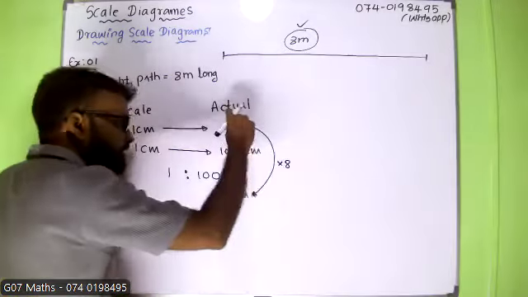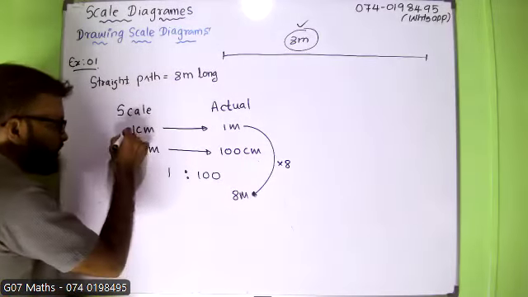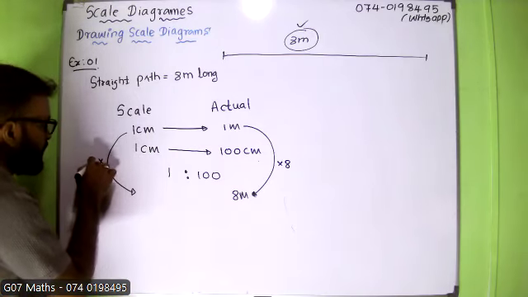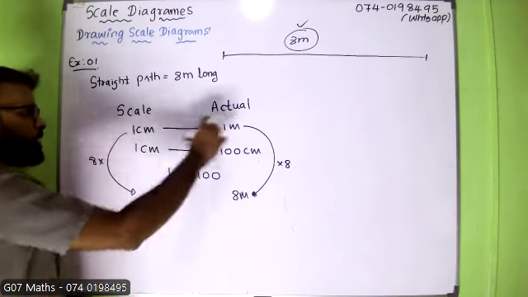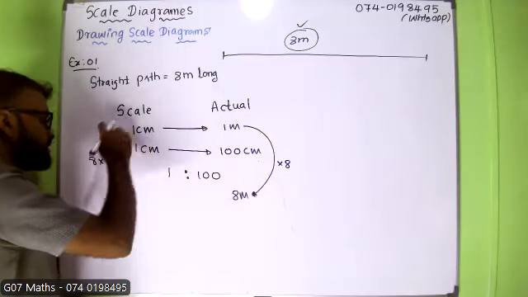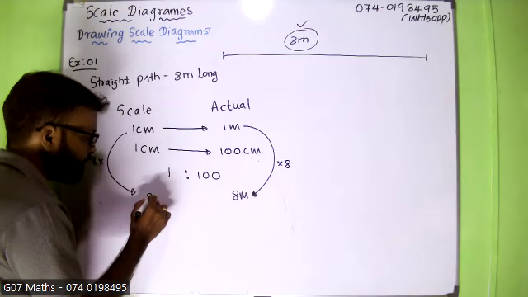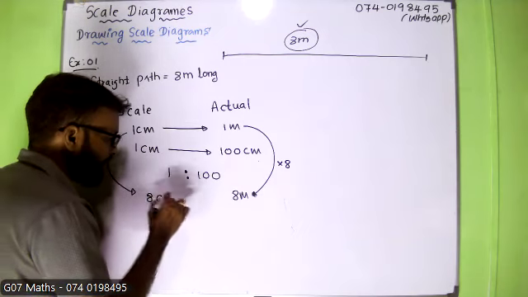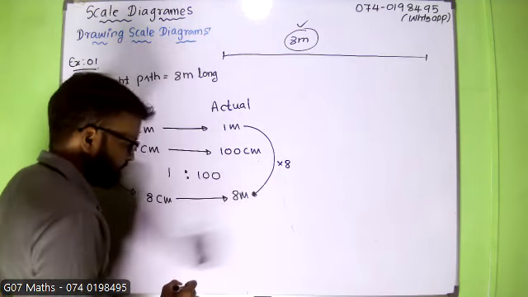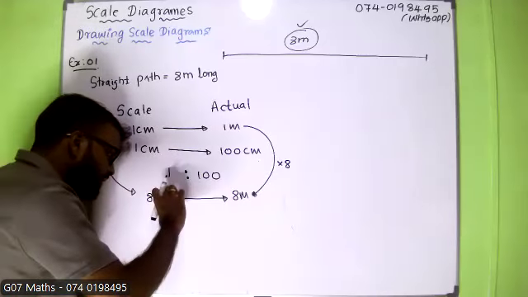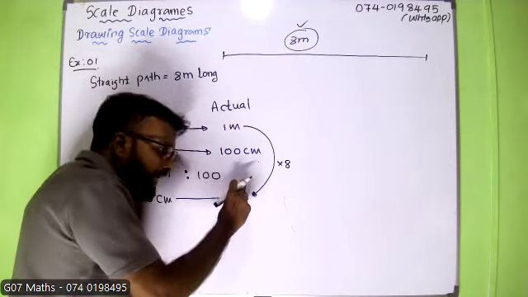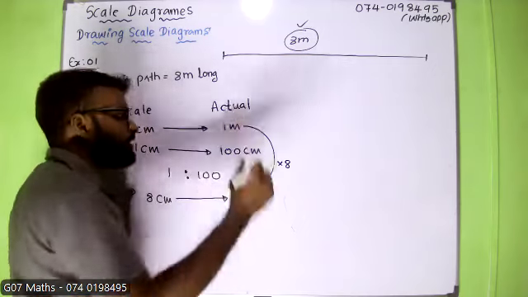If you multiply the actual length by 8, you multiply the scale length by 8 as well. So 8 centimeters of the scale length can be used to represent 8 meters of the actual length.